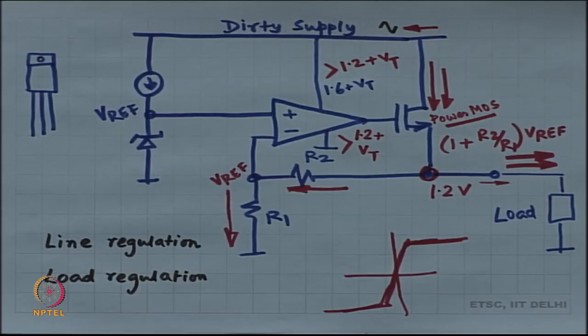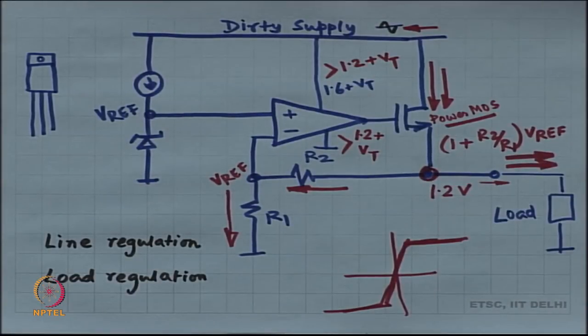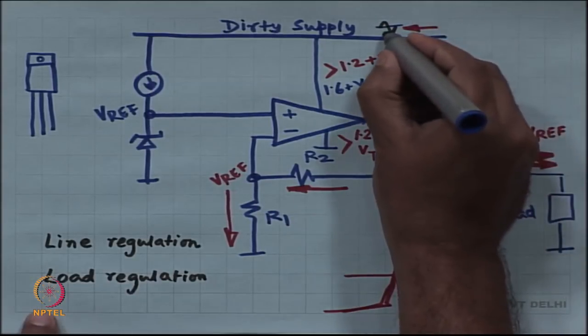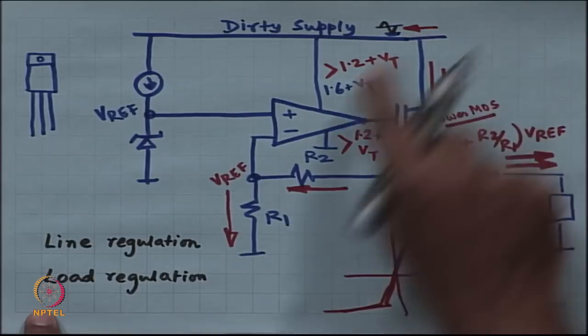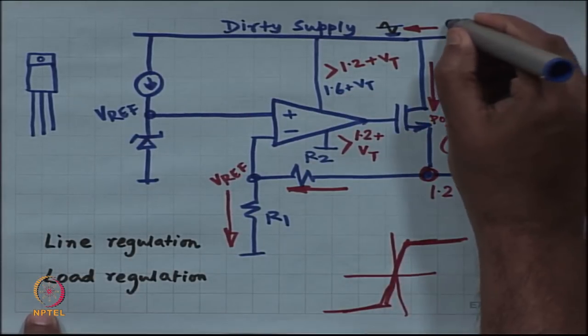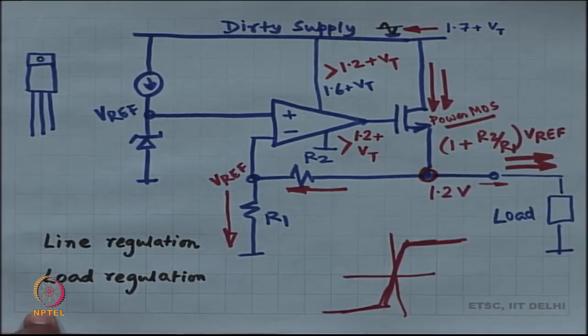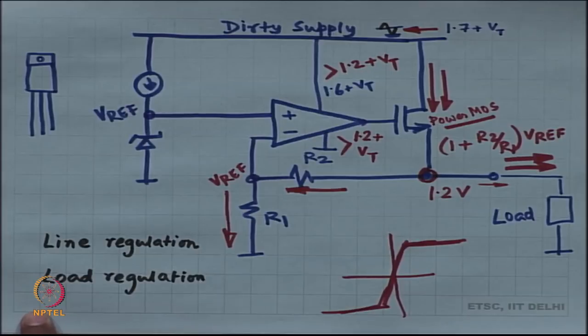All right. Now, let us say you have got an amplitude over here of plus minus 0.1 volt. So, at the lowest point, this has to be 1.6 plus VT, which means on an average this dirty supply has to be 1.7 plus VT. I am leaving headroom of 0.1 volt for that amplitude.